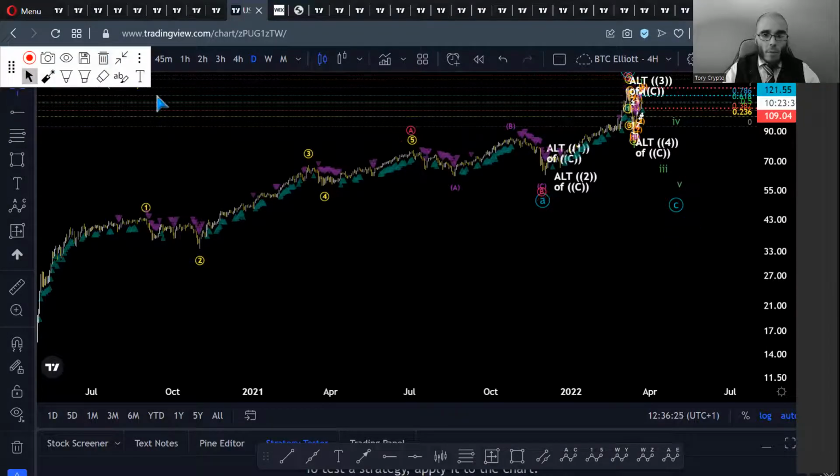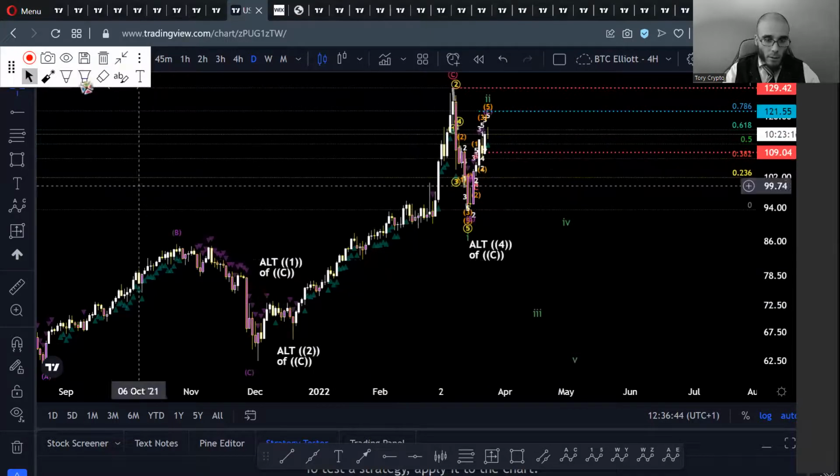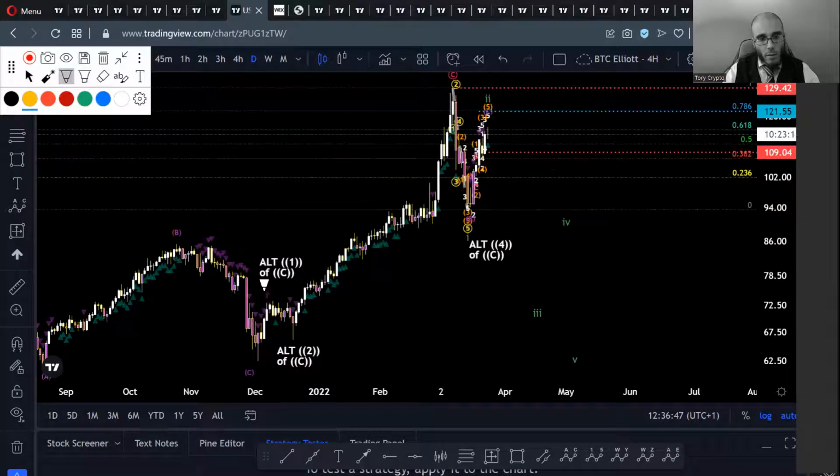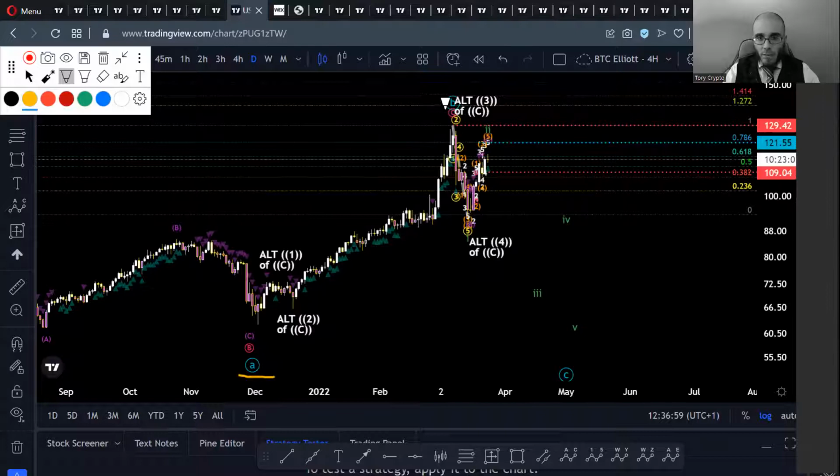So the alternate count would be, it's a little complicated, that we only made, let me zoom in because I'm not sure you can see it, not even I can. Okay, something like this. So the alternate count would be that once the A wave is over, we have a B wave, okay?